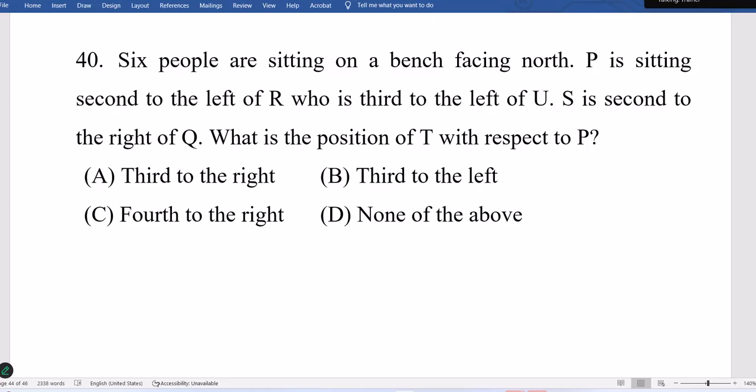P is sitting second to the left of R. Who is the word given? Means it's related to R only. P is second to the left of R. R is third to the left of U. S is second right of Q.